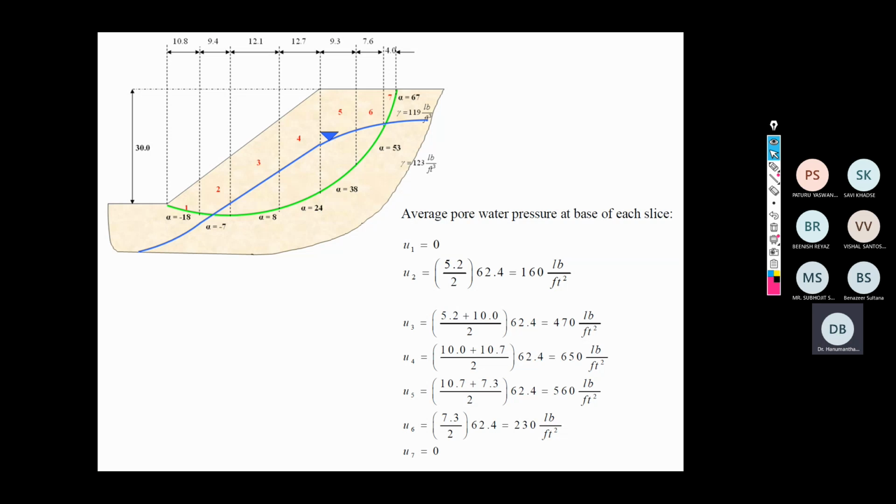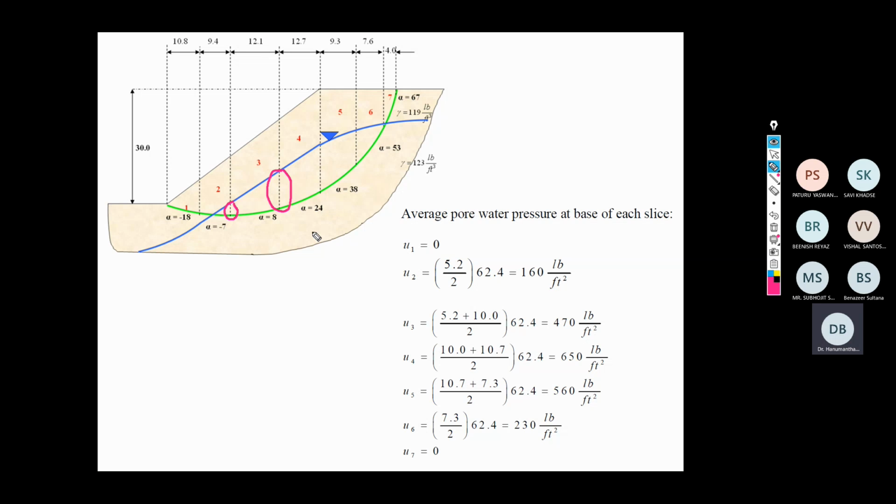So U is equal to gamma W into H, only height. So this is the average height. Sir, why have they divided by 2? Average height. Suppose you look at slice number 3, so this side is 5.2. Sir, this same thing we haven't done in the next question, sir. See, here you are calculating the height of the water. Don't get confused.